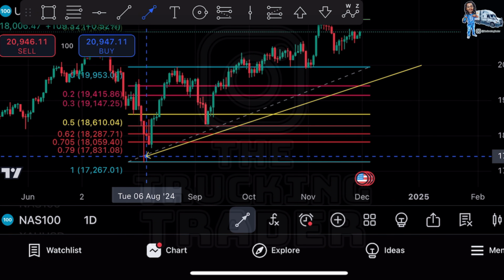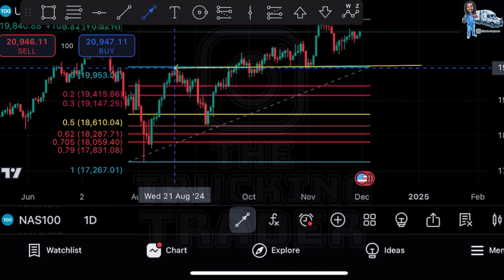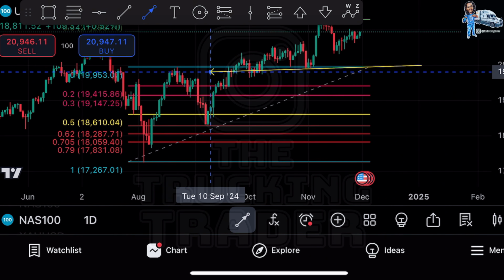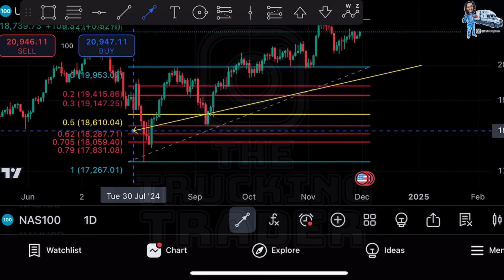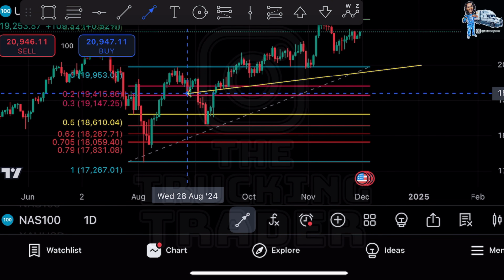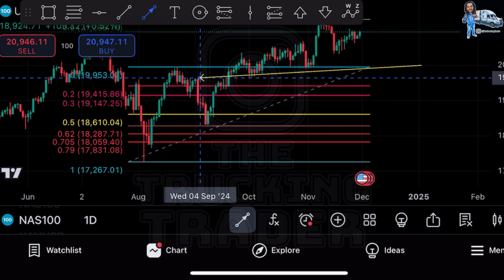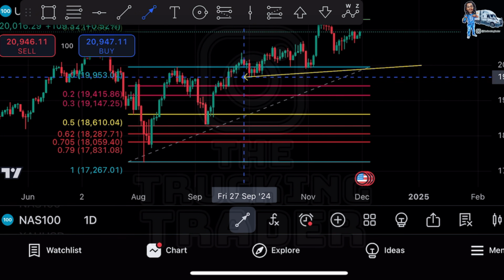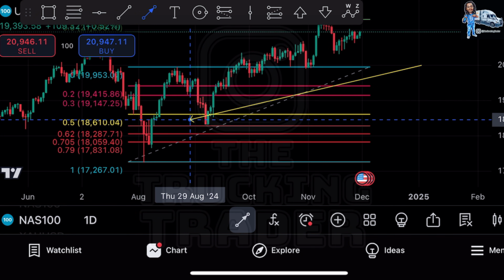You don't want to see the market make this swing low and then swing high and then come back down to the 20%, and then you're trying to be a buyer right there, right? You're still buying at a premium. Imagine if you would have taken that buy and then the market continues to go down, then you get stopped out of the trade, and then next thing you know, the market continues to go up without you, right?